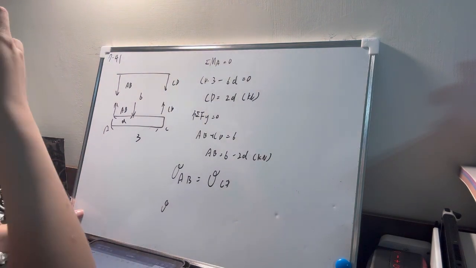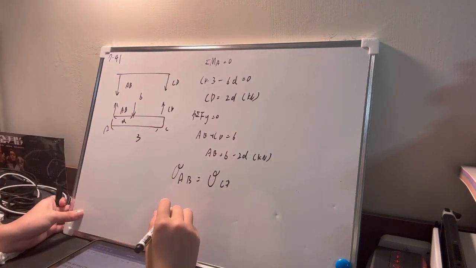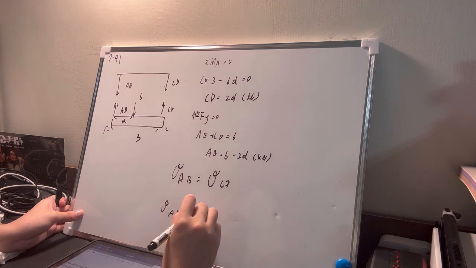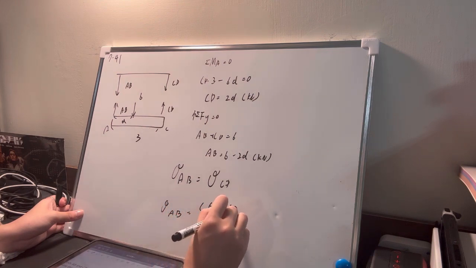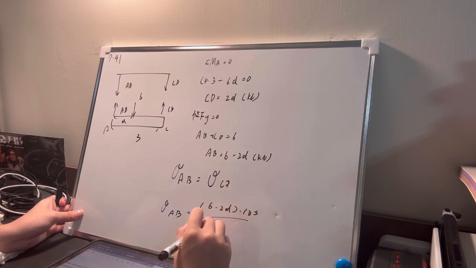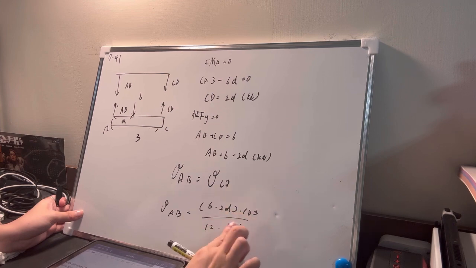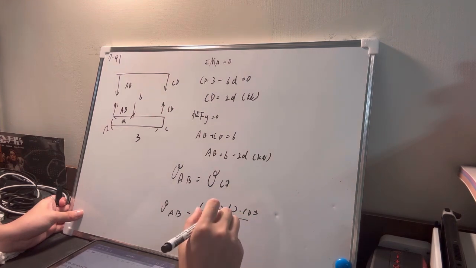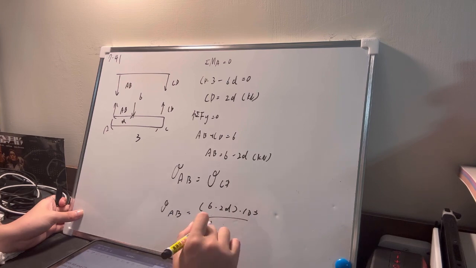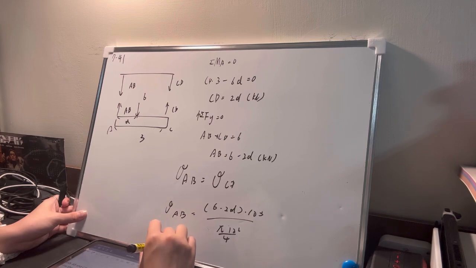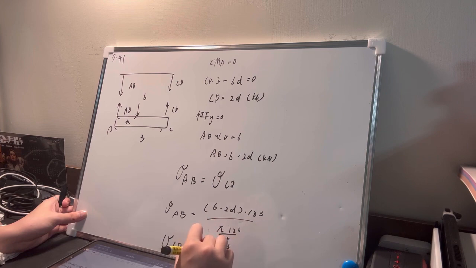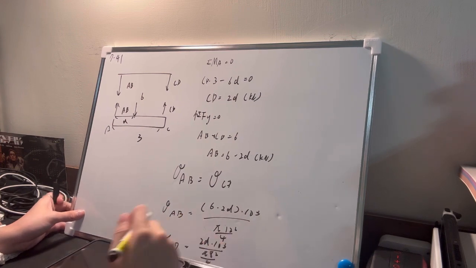Now we calculate this using this function: AB is equal to (6 minus 2D) times 10^3, over 12 pi D squared over 4, and this CD is 2D times 10^3 over 3 pi D squared over 4.